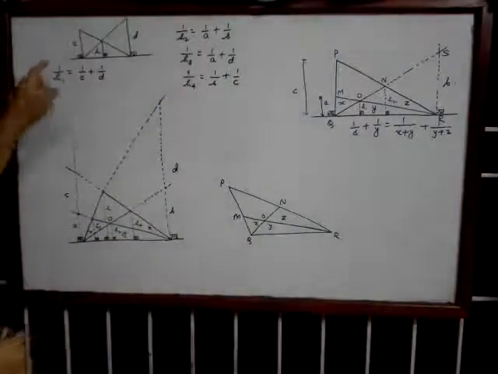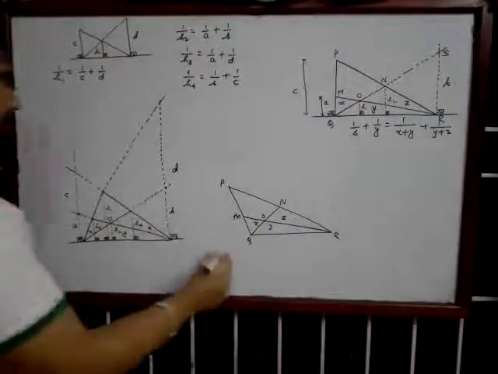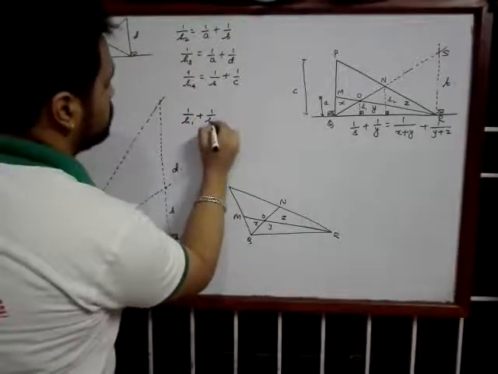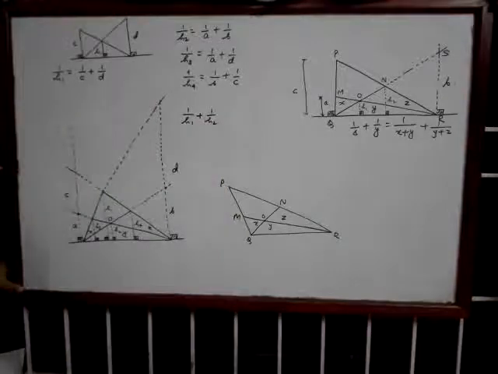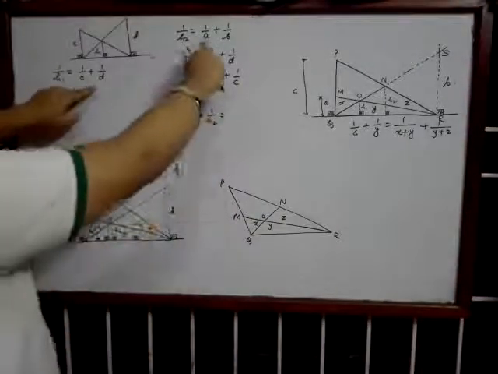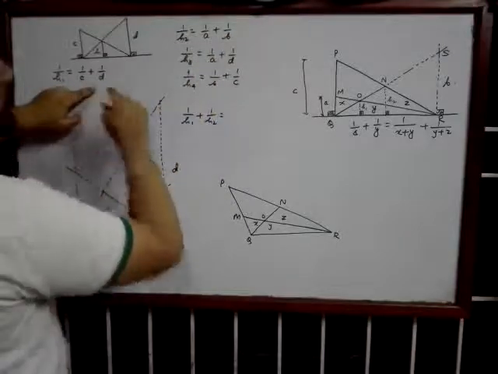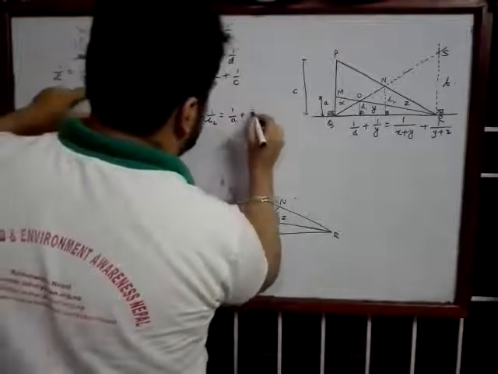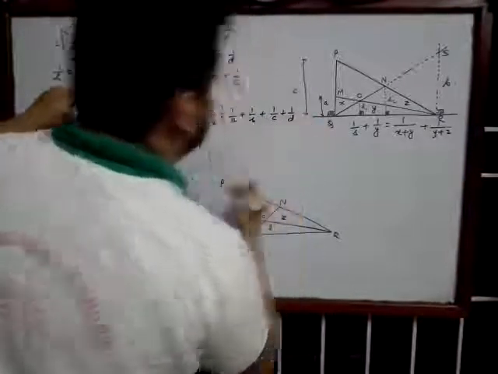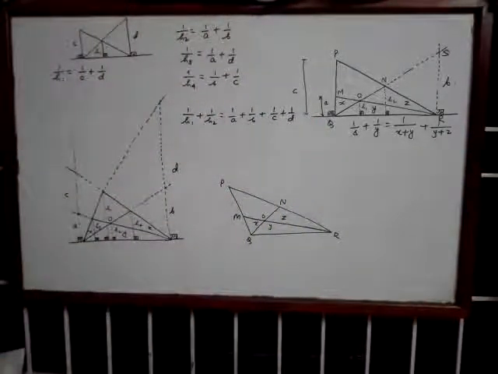Now 1 by H1 plus 1 by H2 is equal to 1 by A plus 1 by B plus 1 by C plus 1 by D. Okay? Alright.